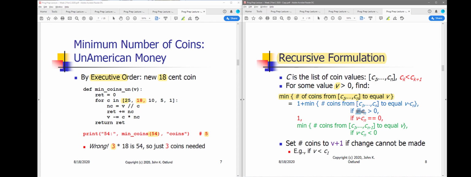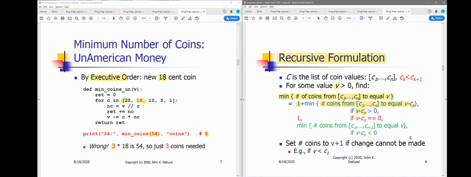If the value that we're seeking is greater than the value of coin sub n, then the number of coins that we need is going to be 1 plus the number of coins that we need to compute the value v minus that coin value cn.